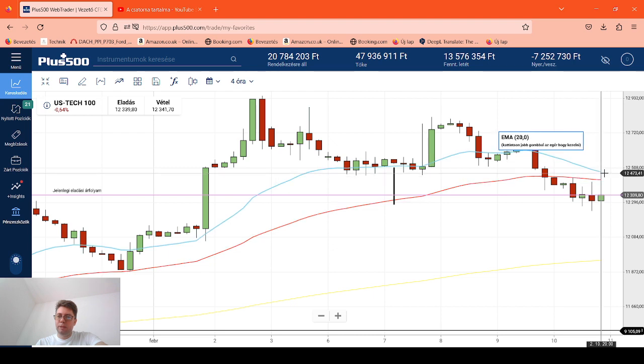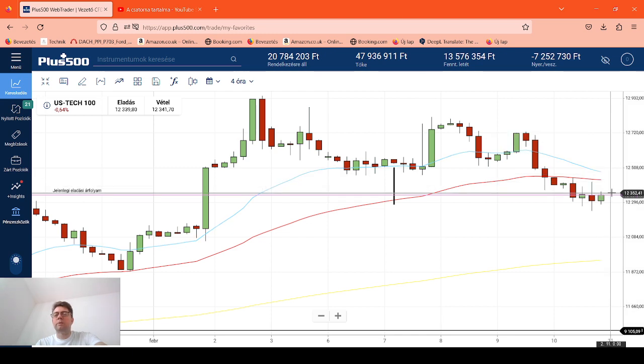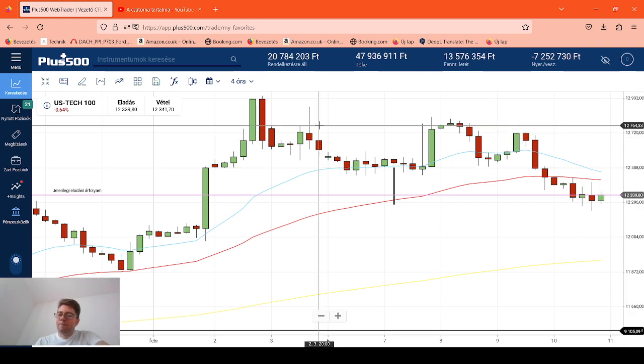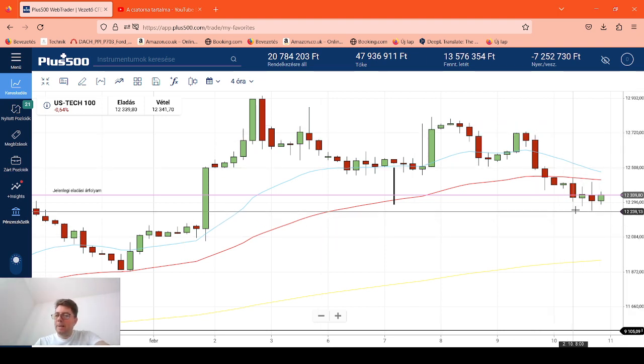If we cross that, we will run to 20 EMA, 12,480. Yeah, 12,465 could be resistance for us, and we might turn back down in that area and spend some time here before continuing to go up.